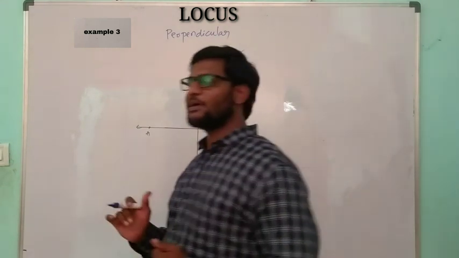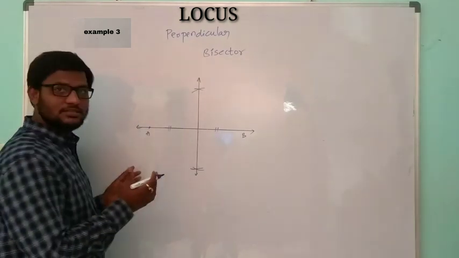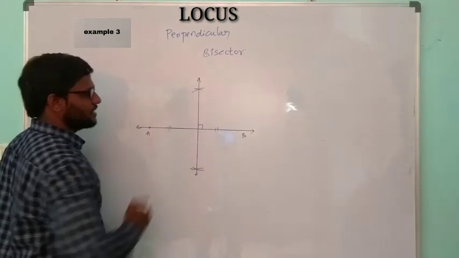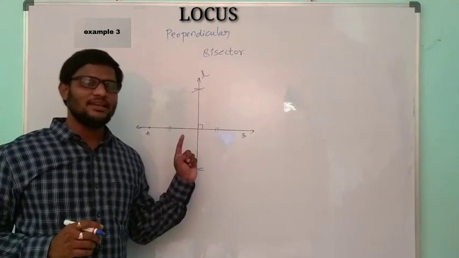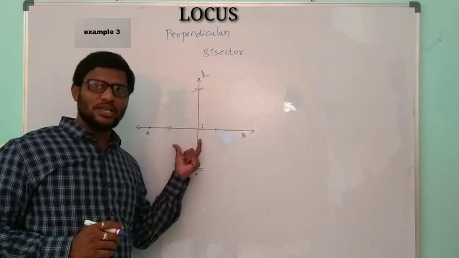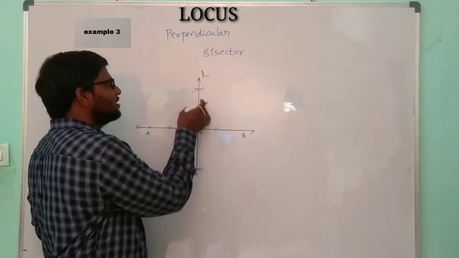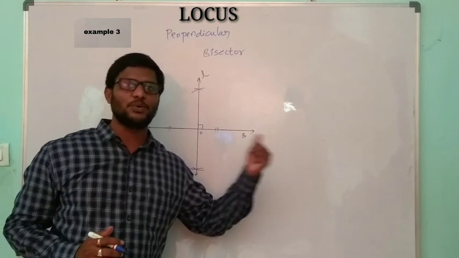It divides the line segment AB into two equal halves. It bisects AB and makes 90 degrees with the base. Let L be the perpendicular bisector. L divides AB into two equal halves, so this is the midpoint of AB, and L is perpendicular to AB.